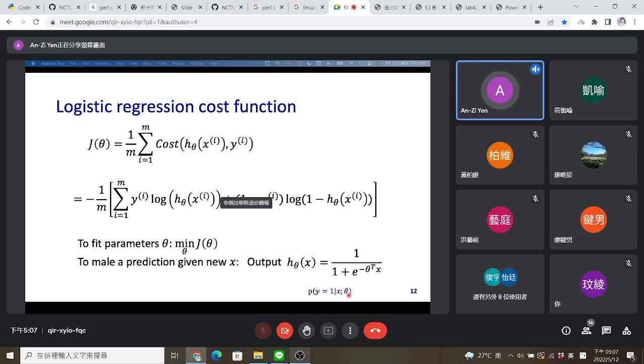So the process is to minimize J of theta so we can fit the parameters to our training set.